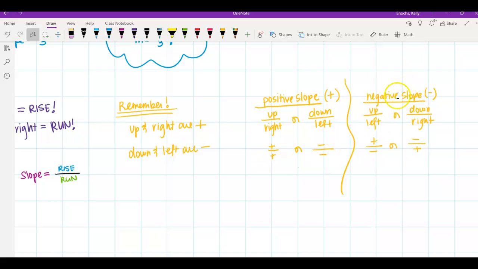If I have a negative slope, like negative 1/3, then I need to go up and left or down and right because that'll give me a negative total fraction. So just keep that in mind, how to find a positive slope fraction and a negative slope fraction.